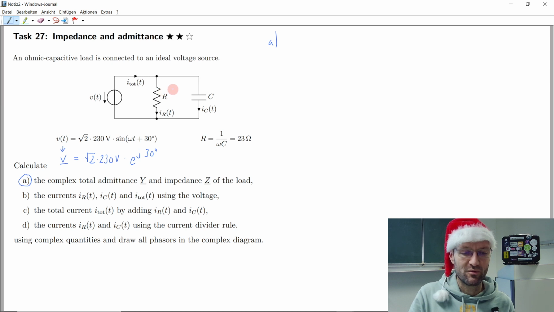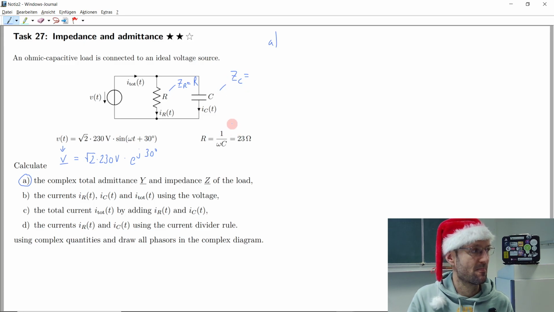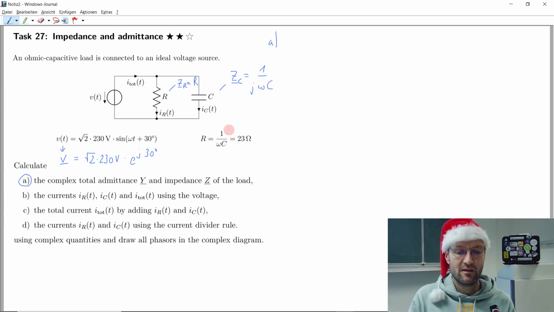So if we think about the resistor, what is the impedance of the resistor? It's just R. Okay, what is the impedance of the capacitor? 1 over omega C? Yeah, 1 over omega C, and here we are really thinking about a complex impedance, so it's 1 over j omega C. So this here, as said, would be just the magnitude of this impedance.